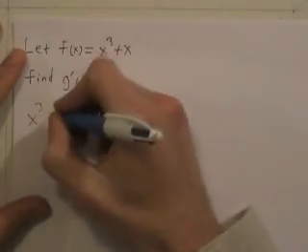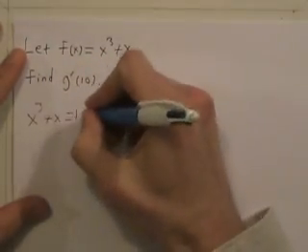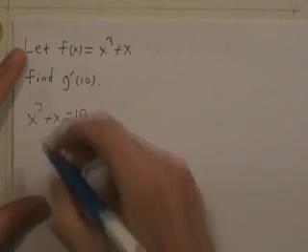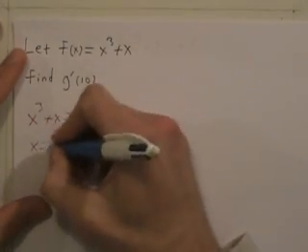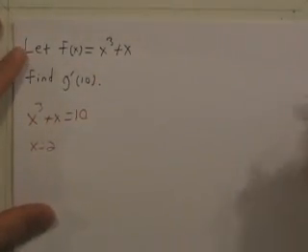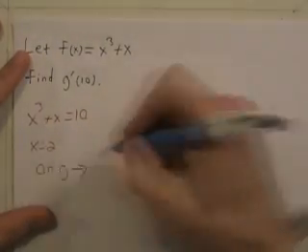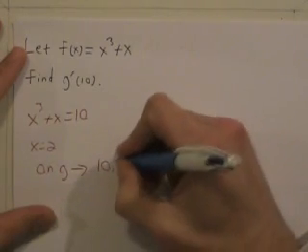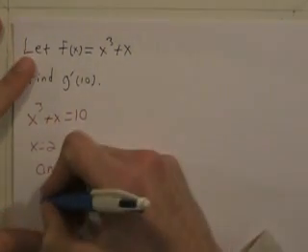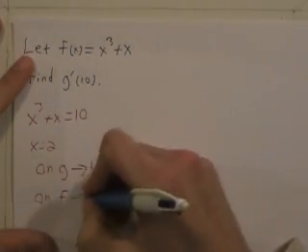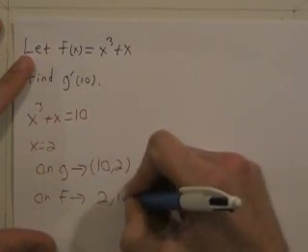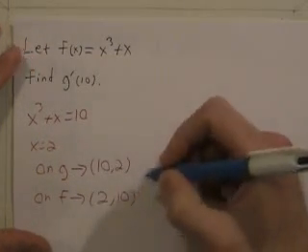And you get x cubed plus x equals 10. So you solve this, and you get x is 2. So what this means is that on G, there's the point 10, 2, because on F there was the point 2, 10, right? Because f of 2 is 10.